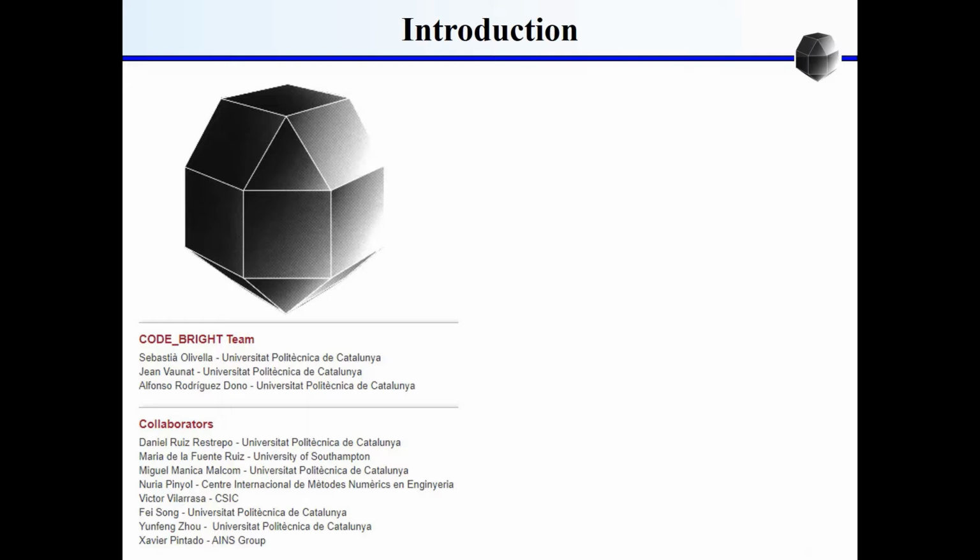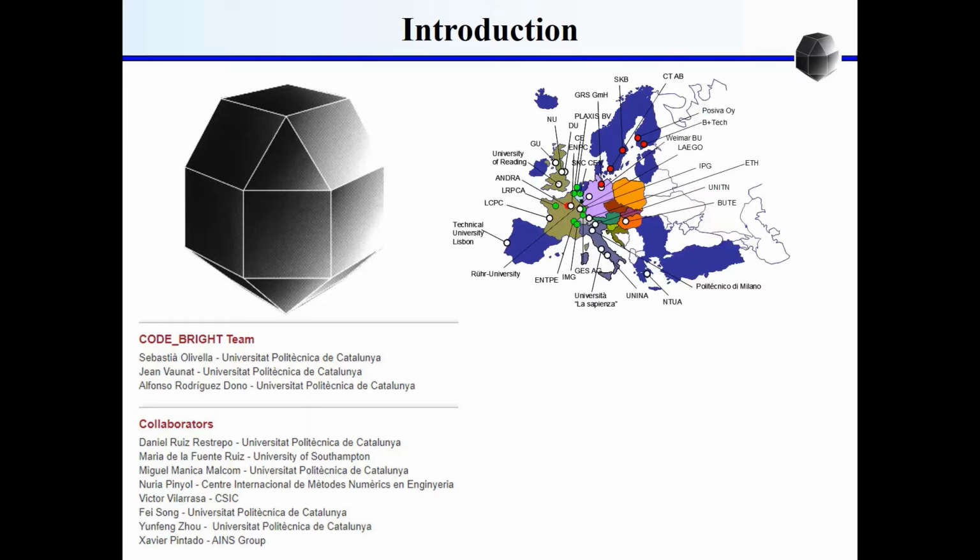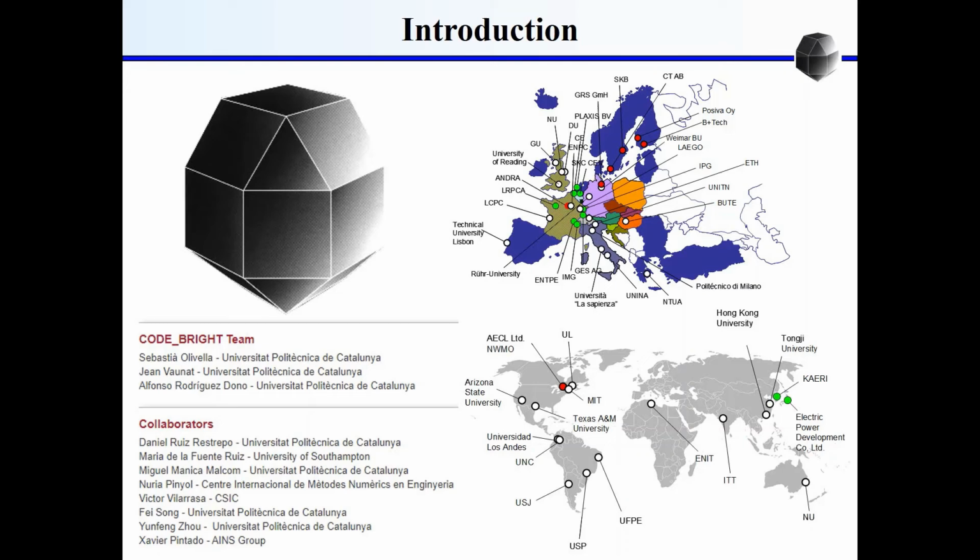We also have a lot of collaborators who help developing some parts of the code, and we have collaboration with many institutions and companies, mainly in Europe, but also all around the world.